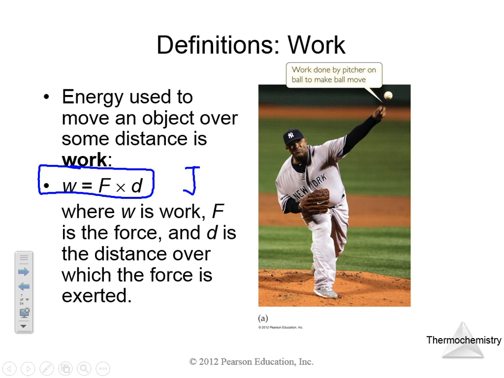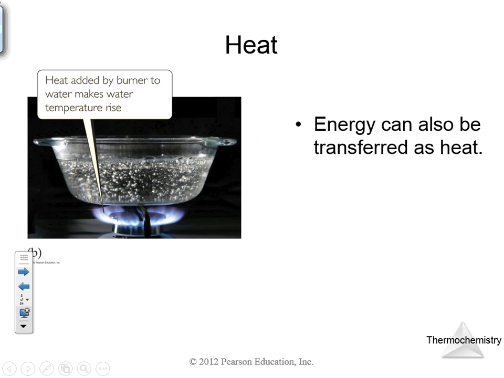Force is typically measured in newtons, and distance is typically measured in meters. So force is newtons, distance is meters, and work is equal to force times distance. Work can be positive or negative, and we'll talk about that in the upcoming slides. So that is work. Remember, we can do work or we can do heat.